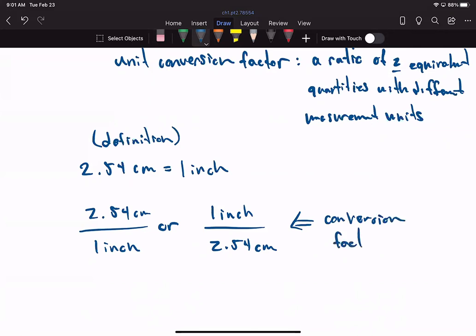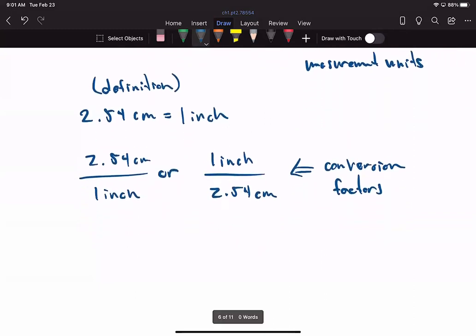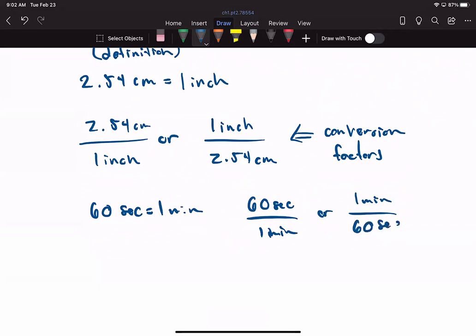Those are conversion factors. Another example: 60 seconds is equal to 1 minute. So there's my definition. For two conversion factors, I can write 60 seconds over 1 minute, or 1 minute over 60 seconds.